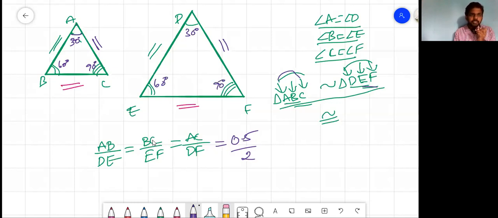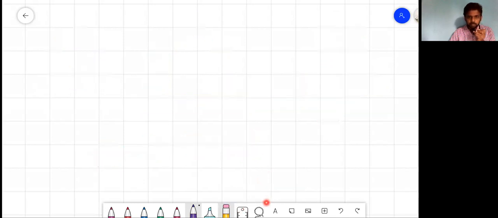If you are placing the line connecting 30 degrees and 60 degrees first, here also you should place the line connecting 30 degrees and 60 degrees first, right? This is how the order should be written while writing the similarity. Fine.